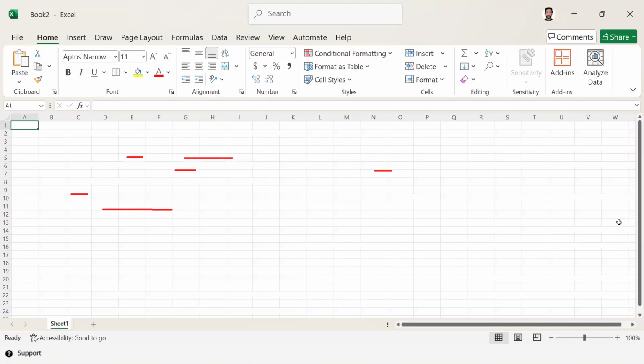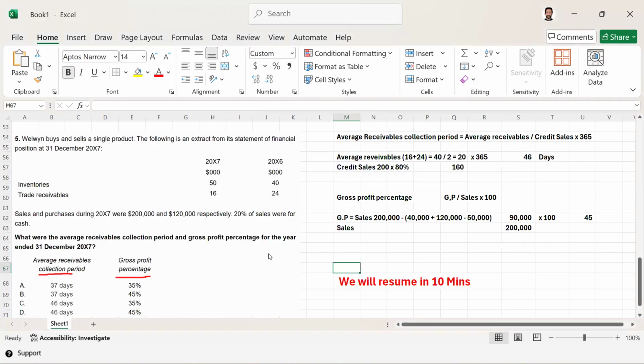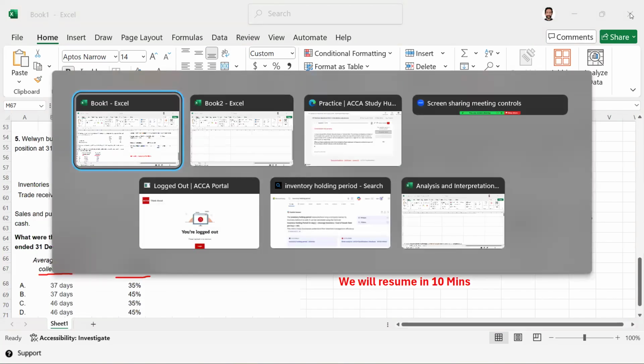Let's clear the drawings as well. Okay, so here we go. Let's see if we could do this one. Anyway, I could just add a new sheet here.